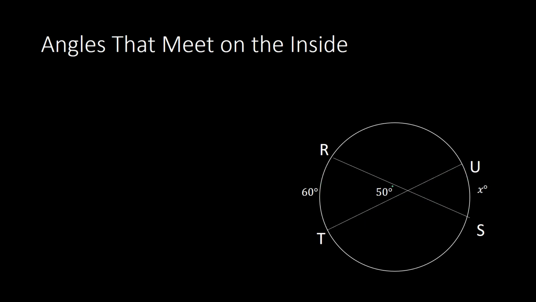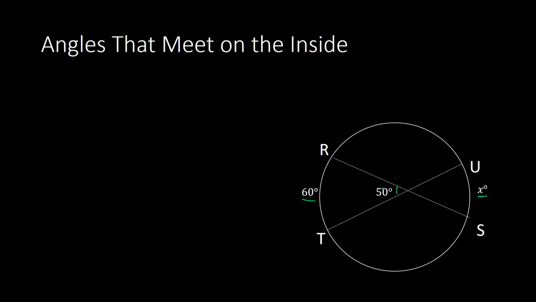Now using that same information, let's say we're given the angle on the inside, and we're trying to find this missing arc over here. So same picture, except now the unknown value is the arc instead of the angle. Well, still the same concept, where if I were to average 60 and x, that will equal 50 degrees.